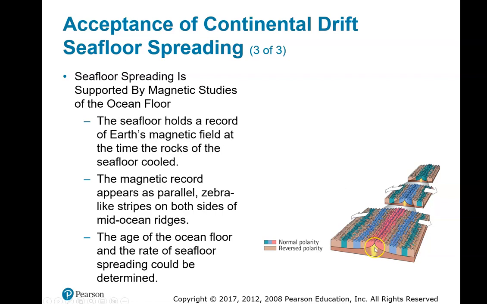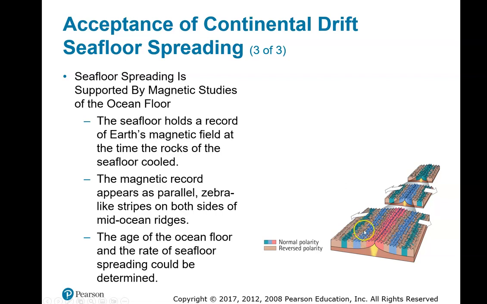So as new basalt is mixed with other things, in particular if there's magnetite, which of course is a mineral that aligns with the Earth's magnetic field, as this stuff cools, it'll align with the current magnetic field.